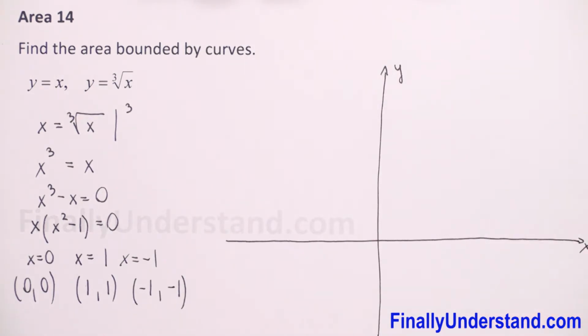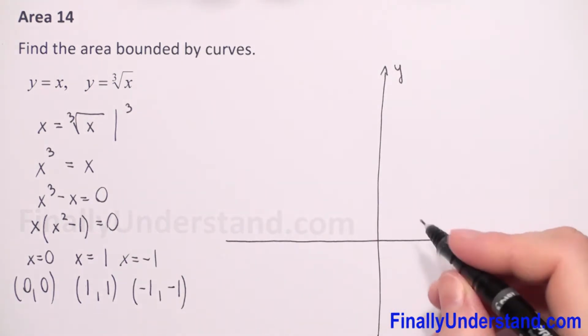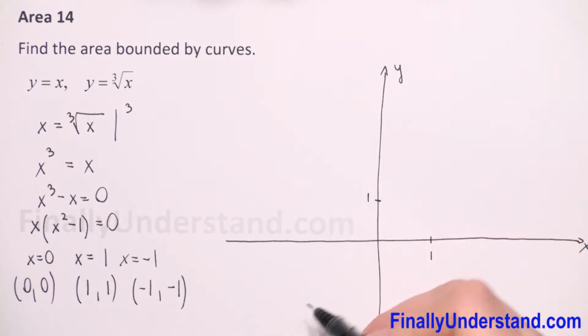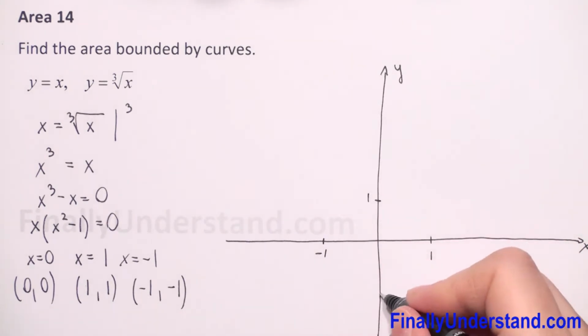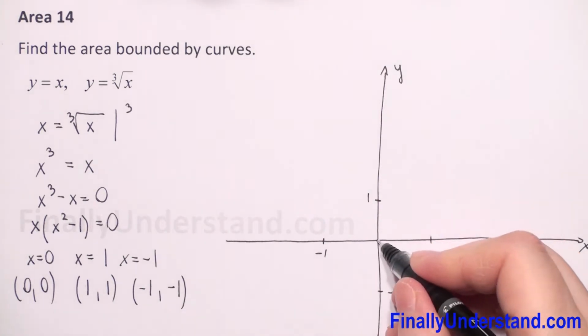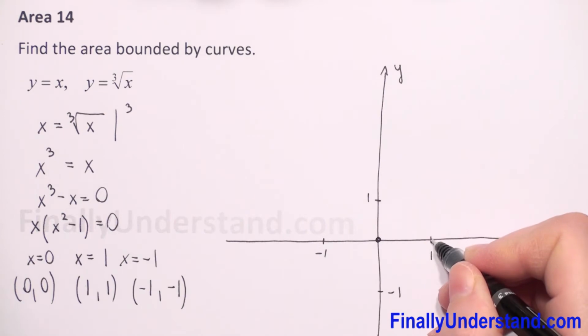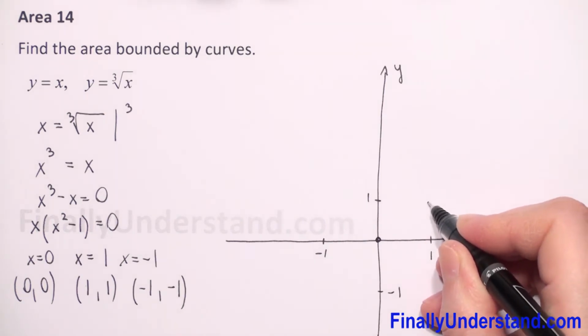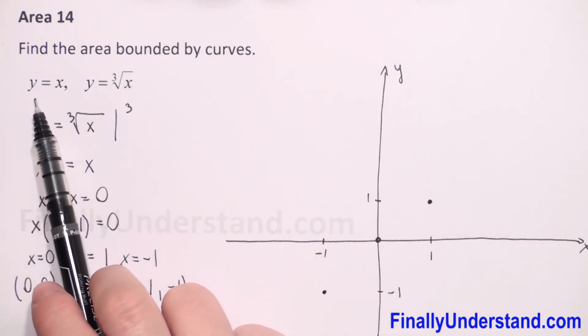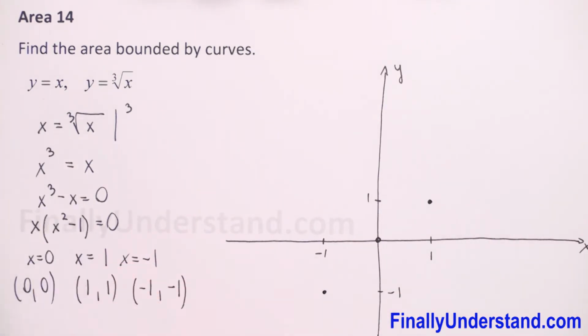So first we will choose the unit. We have (0, 0), (1, 1), and (negative 1, negative 1). The first function is y equals x, a straight line.